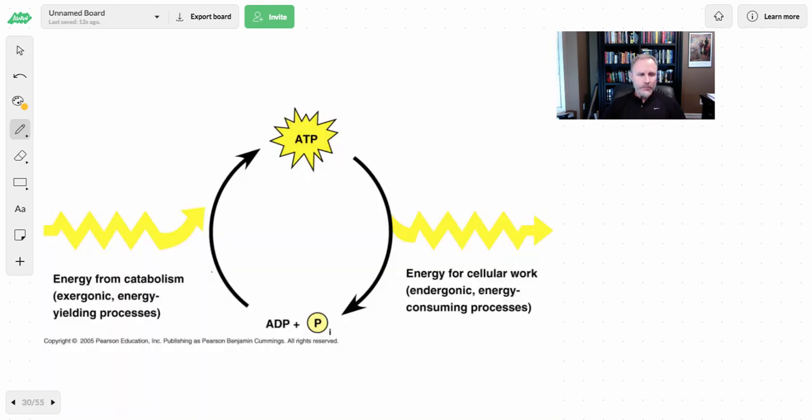Okay, and you can see here, the energy from the catabolism is used to power energy consuming types of pathways. So the digestive processes here are going to release or help us make these compounds that can release energy, and then that's used to generate some ATP, which can then power these endergonic pathways within the body.